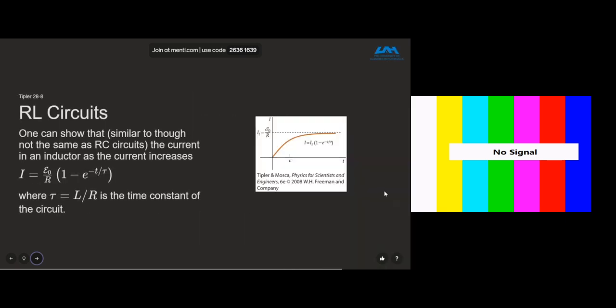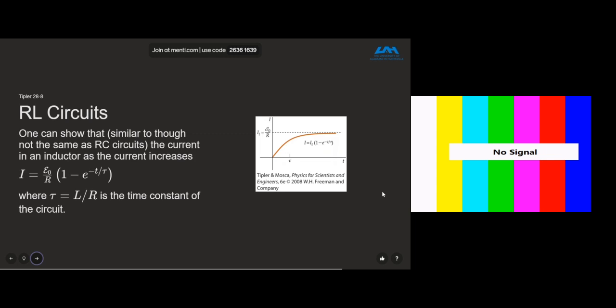And what happens is that the current as an inductor is ramping up is equal to E naught, the EMF, over R, times 1 minus e to the minus t over tau.